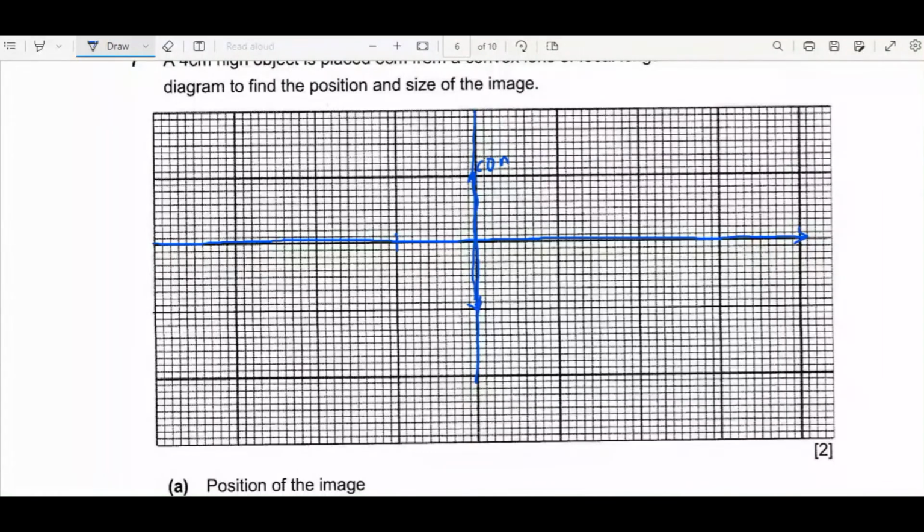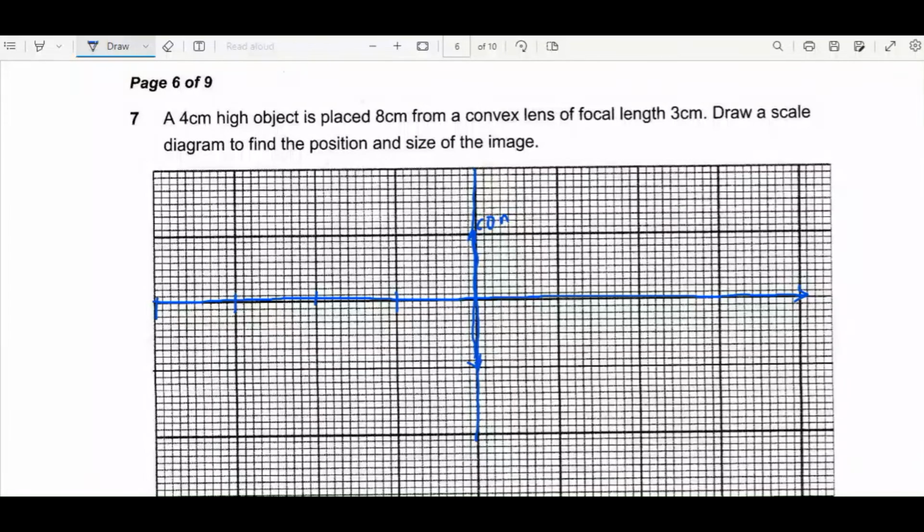Then 2 centimeters, 4 centimeters, 6 centimeters, 8 centimeters. So how can we make our scale? We just say 1 centimeter represents 2 centimeters. So here we'll put 4 centimeters, then 8 centimeters, then we'll do the same.